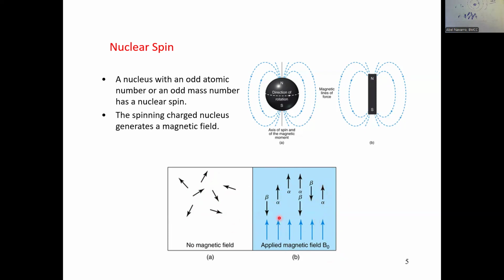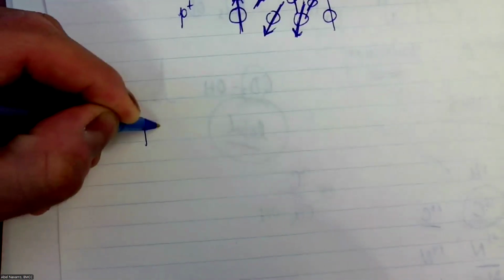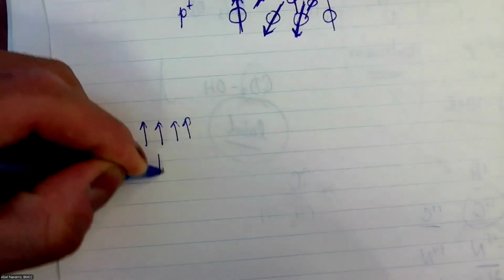It depends. The distribution of the number of spins against or in favor depends on the chemical nature of the proton, and that's the beauty of NMR. In that particular case, you had 4 in favor and 3 against.